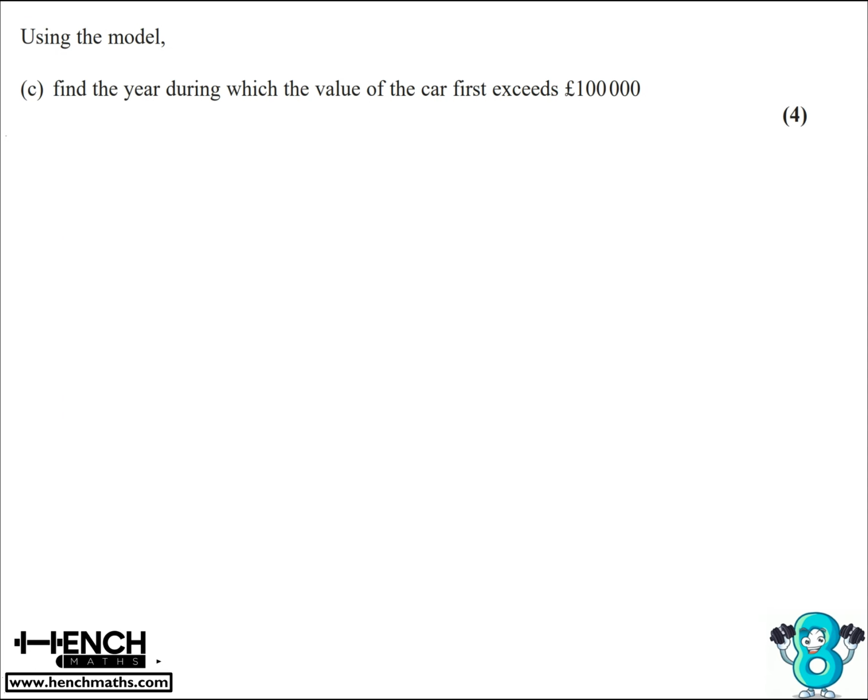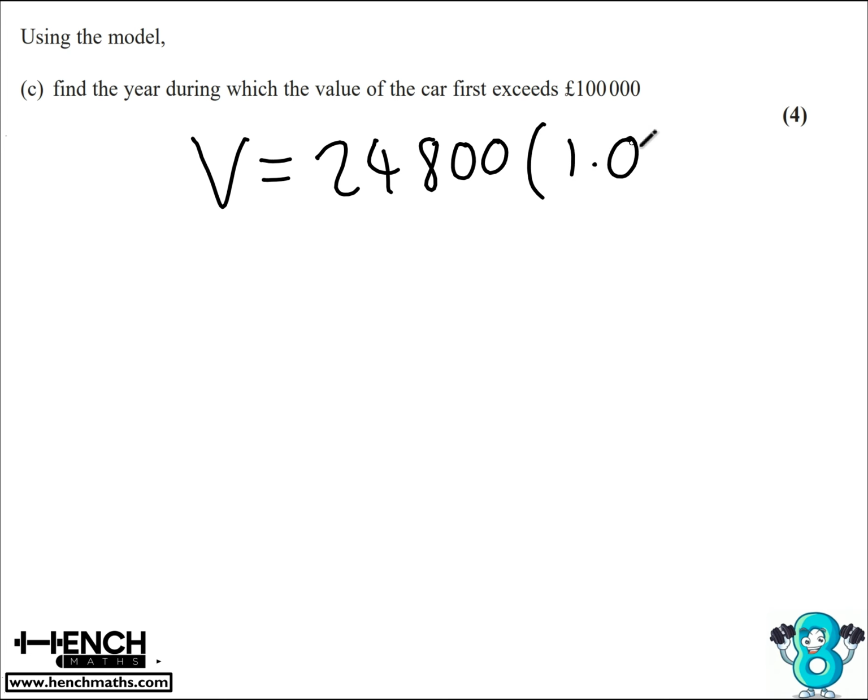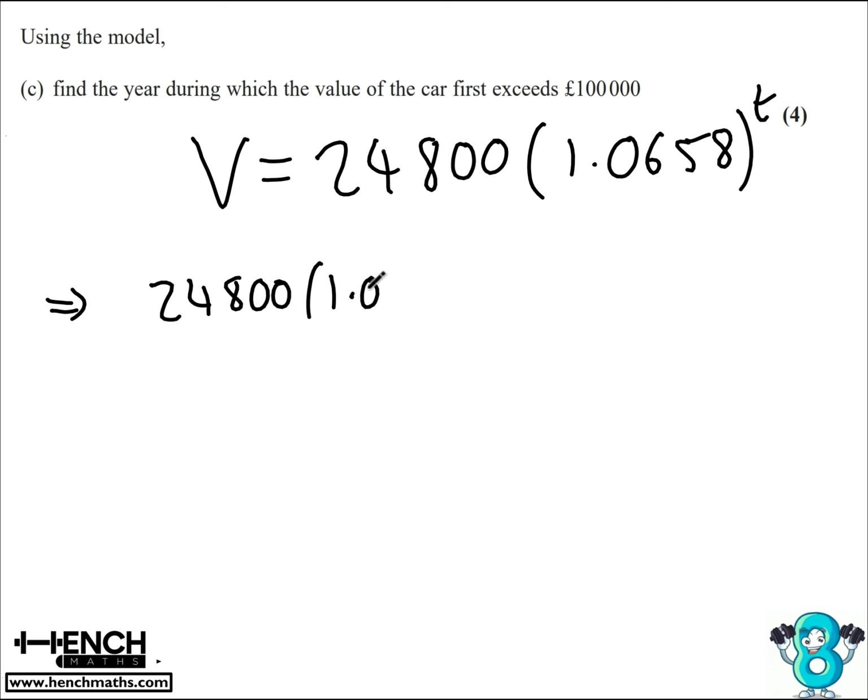So for part C, using the model, find the year during which the value of the car first exceeds £100,000. The equation we created was V equals 24,800 multiplied by 1.0658 to the power of t. And we want to know when this exceeds 100,000. If we equate it to 100,000, we get 24,800 times 1.0658 to the power of t equals 100,000.